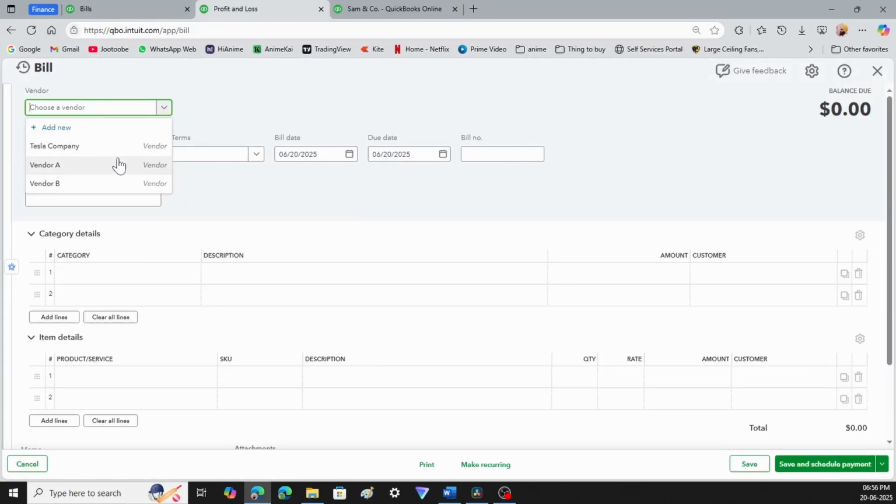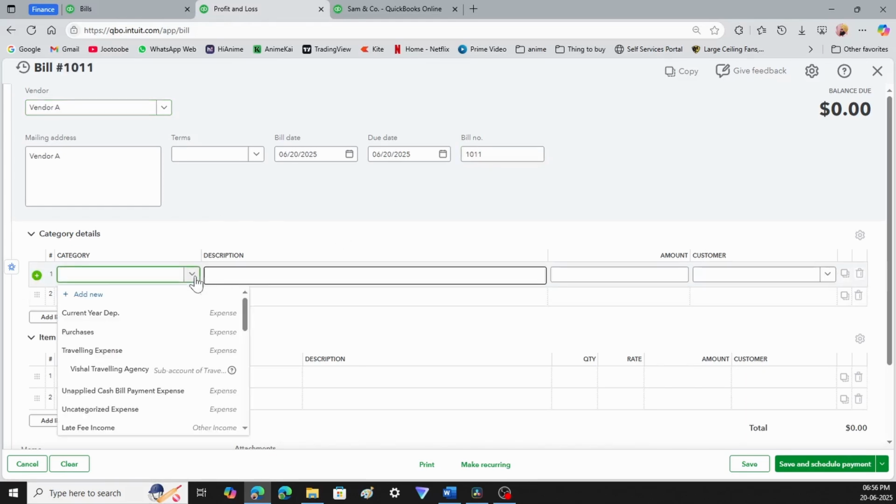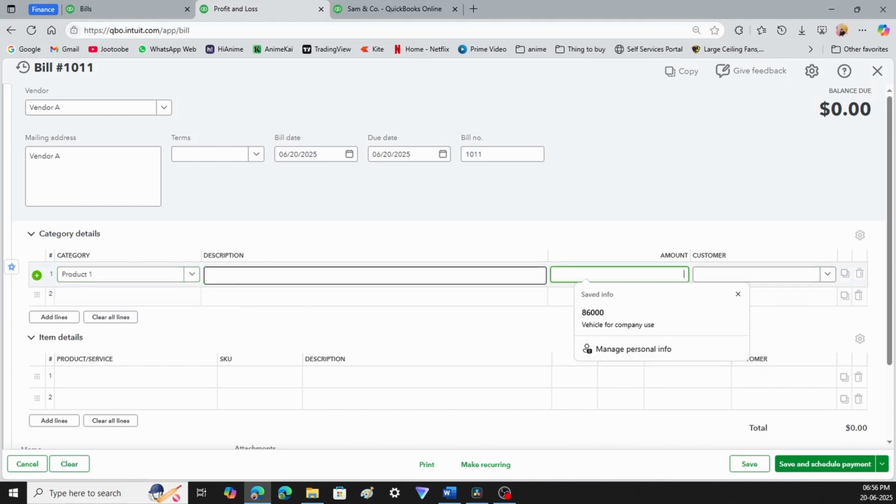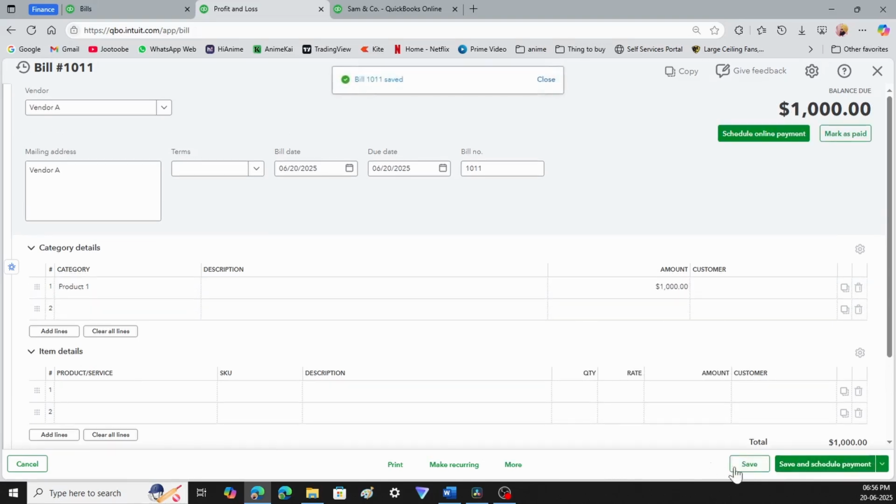Vendor, I already created a vendor, a random vendor A, date, bill number say like 1011, category product 1, cost of goods sold, right? Amounting $1,000. Save and schedule payment.